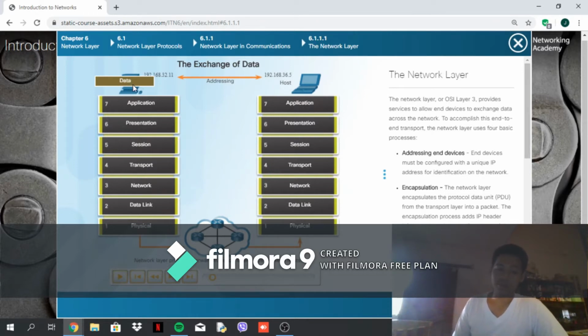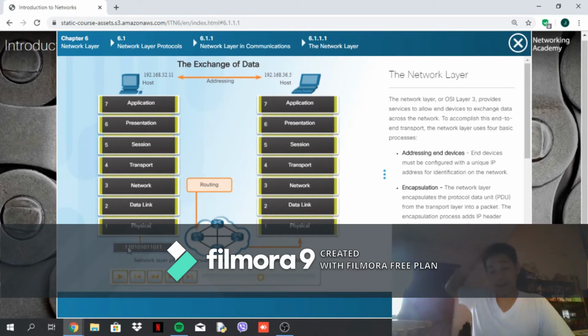Let's name this PC1, delivering the message to Laptop 1. The process is ongoing from application, presentation, session, and transport. It's encapsulated into a segment, encapsulated again into a packet, then in the data link into a frame, and then the physical, which is the binary number, the computer language.